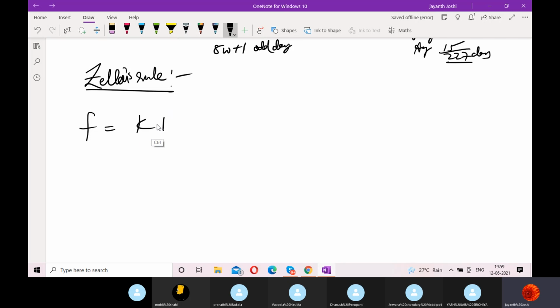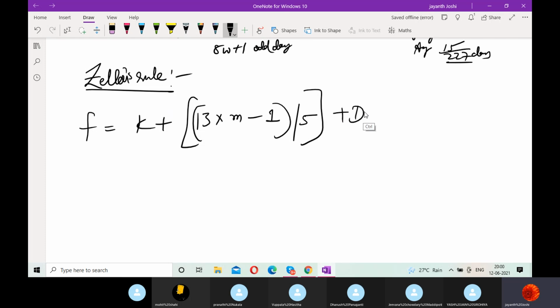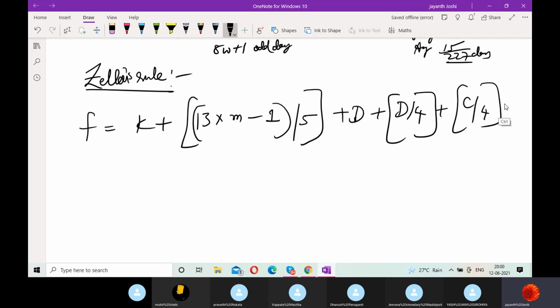F is equal to K plus 13 into (M minus 1) divided by 5, plus D, plus D by 4, plus C by 4, minus 2 into C. Okay, all of you make a note of this formula.